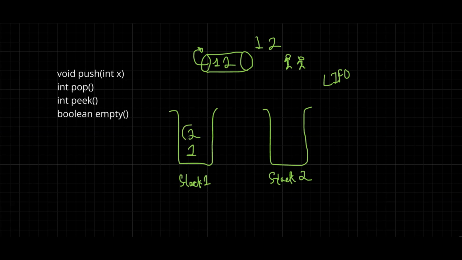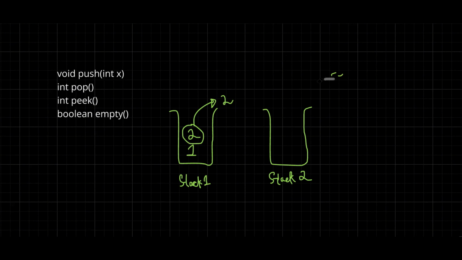Here, the last added element is 2, so we have to remove 2. After that, we have to remove element 1. So here we have seen that a queue operates in first in, first out manner, but a stack operates in last in, first out manner. Now in this problem, we have to implement a queue by using two stacks.